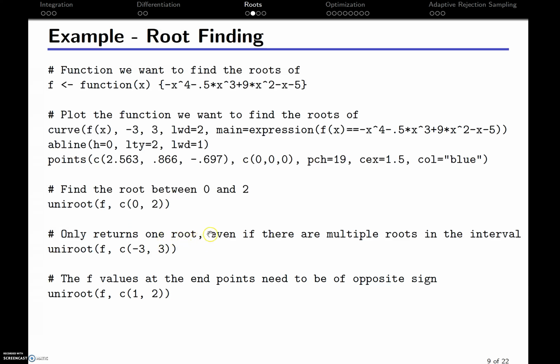Then we're going to look at -3 to +3, and it will only return one root even if we think there could be multiple roots within the interval. Finally, the endpoints need to be of opposite signs. So we're going to take a look at what happens if we run this last command.